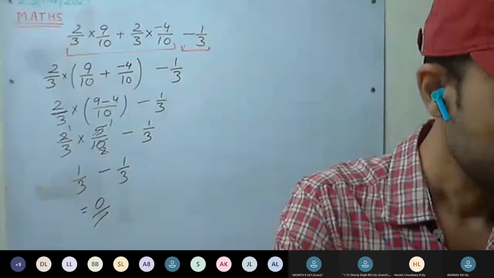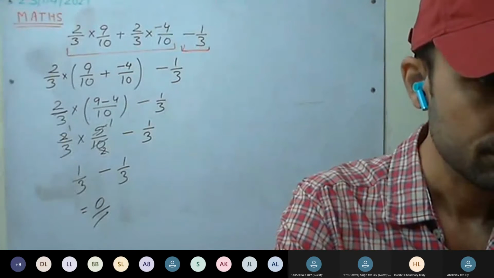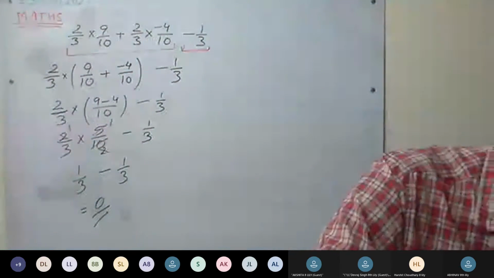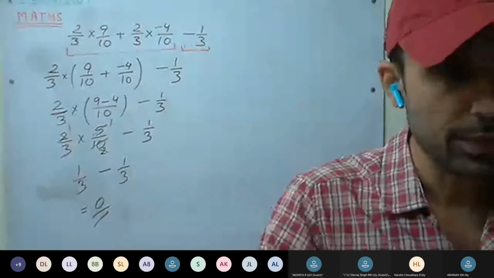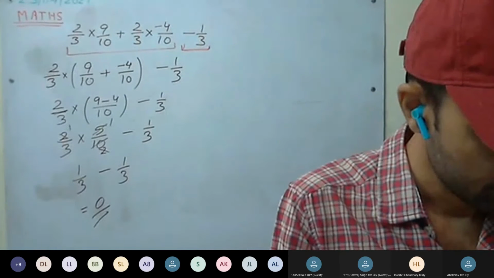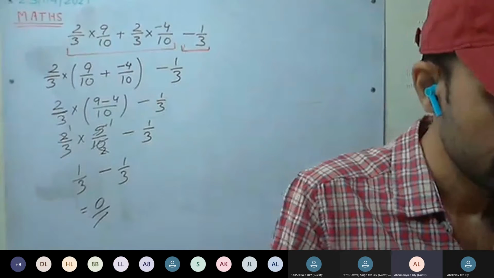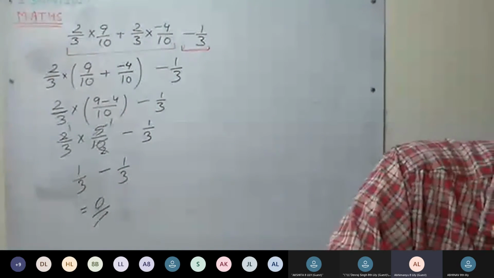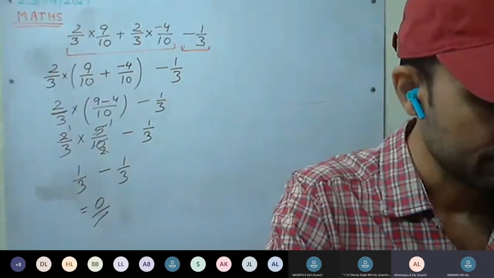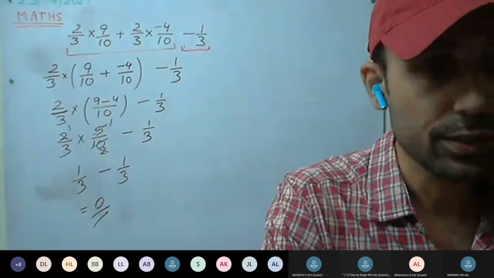Pratibha, answer fifth one. Okay, Abhimanyu, you answer fifth one. Minus 3 by 2. Minus 3 by 2. Which property is it? Distributive property. Distributive property. Good.